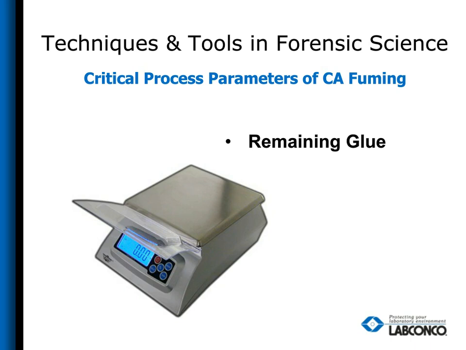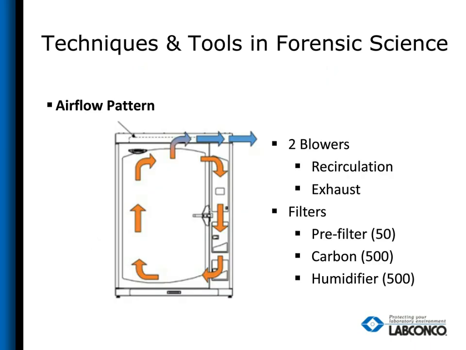Another issue we like to look at is the exhaust. A lot of labs use, again, we'll go back to the fish tanks, or some use permanent boxes, different varying size boxes built into the wall of their latent print unit. Exhaust on these is sometimes less than perfect or consistent.